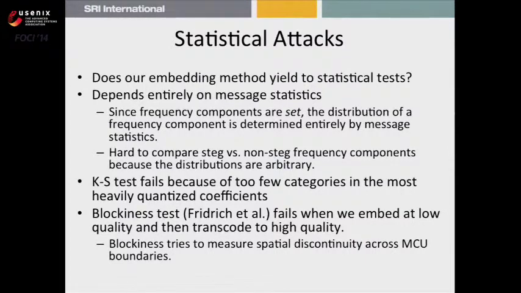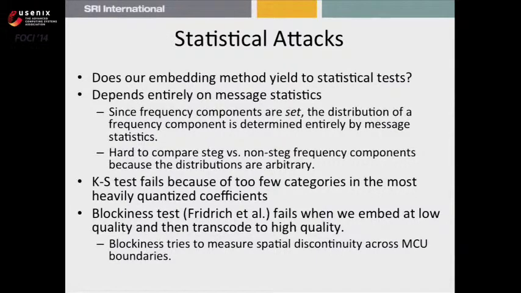So there are too few categories to actually come up with a robust comparison. We're also using all of the MCUs in the image, which makes it difficult for a self-calibrating attack to figure out that there's a message there, because for those frequency components, the distribution just looks the same throughout the image.